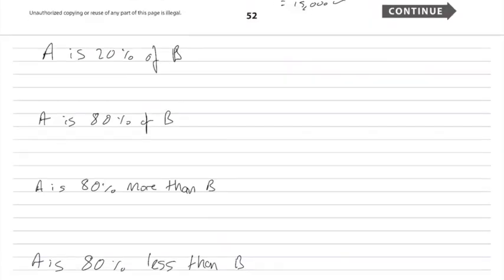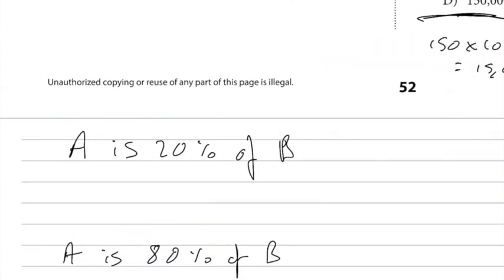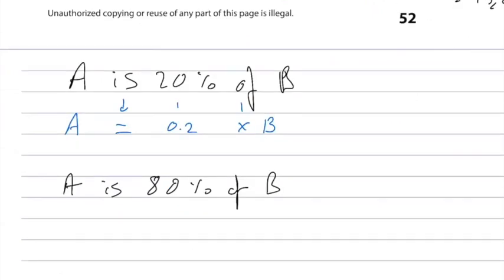If you have A is 20% of B, then what I came up with, we copied the words down. So A is A, is becomes equals, 20% is 0.2, of becomes multiplied, and B becomes B. So similarly, A is 80% of B becomes A is equal, 80%, 0.8, of is multiply, B is B.